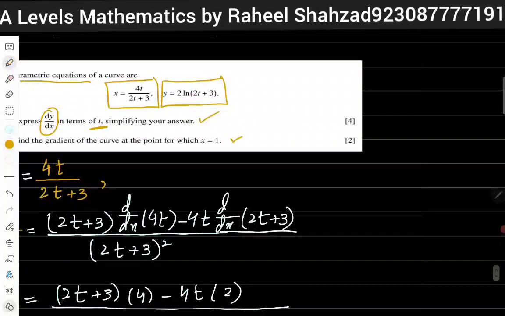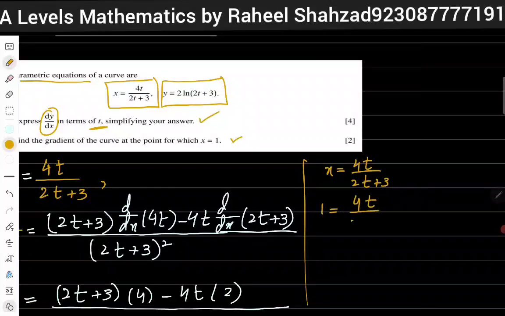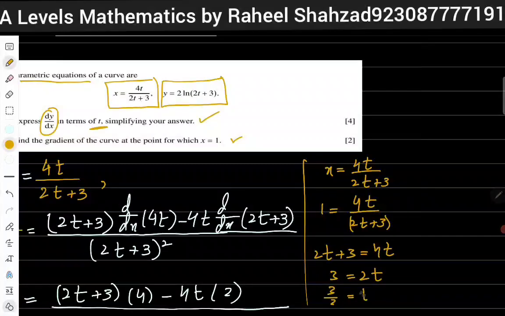So now they have given x as 1, so x is equal to 4t divided by 2t plus 3. So when x is 1, that is 4t divided by 2t plus 3, so we cross multiply. 2t plus 3 is equal to 4t. So 3 is equal to 2t, and 3 by 2 is the value of t.